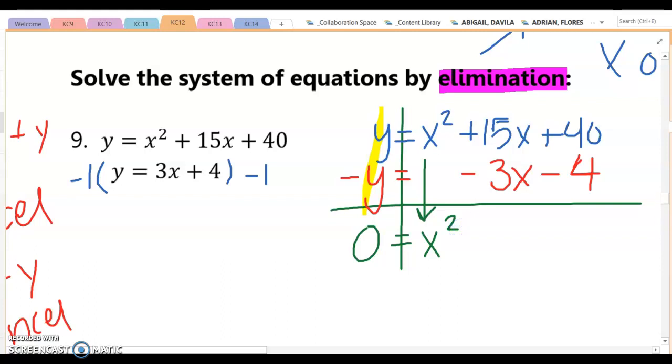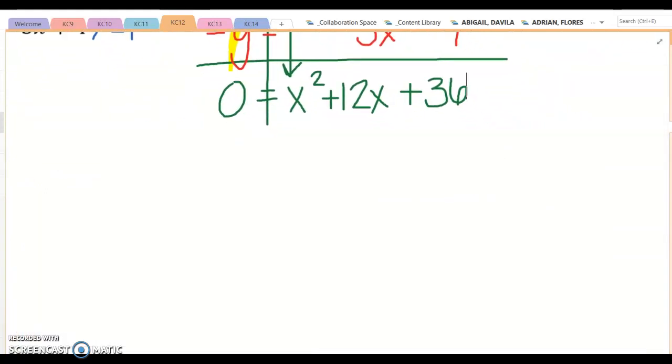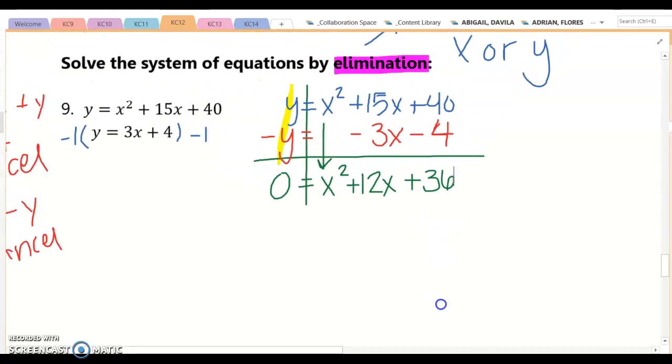Then over here, we're doing 15x minus 3x, which gives us 12x. And then we have 40 minus 4, so that is a positive 36. So now we have x squared plus 12x plus 36 equals 0.